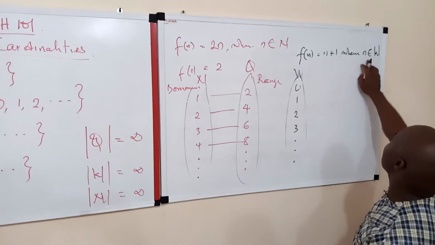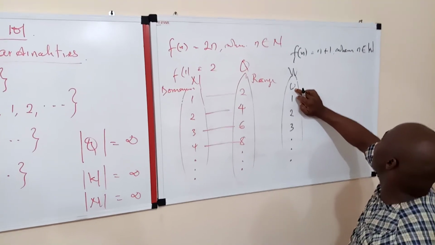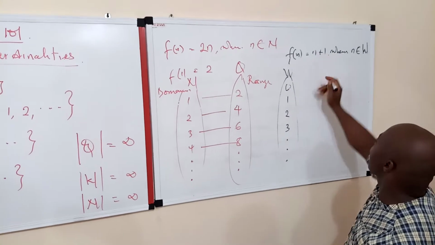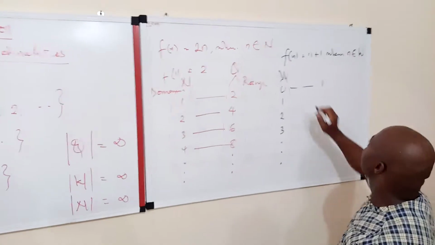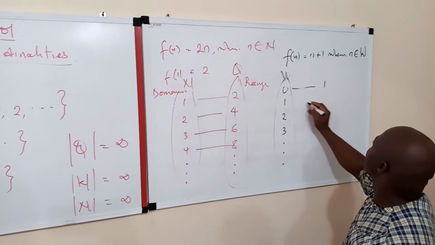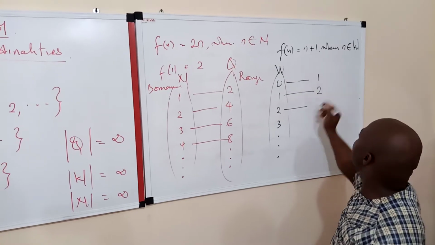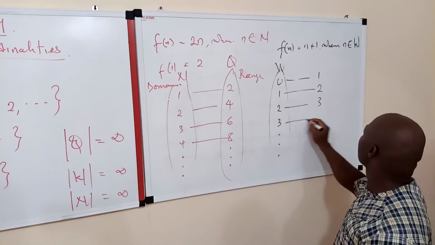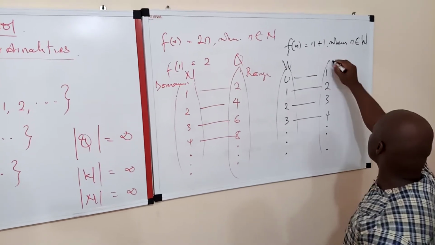Now, if this function takes this first element value, you see that the output will be 1. If it takes this one, the output will be 2. If it takes this one, the output will be 3. This one, the output will be 4. On we go.